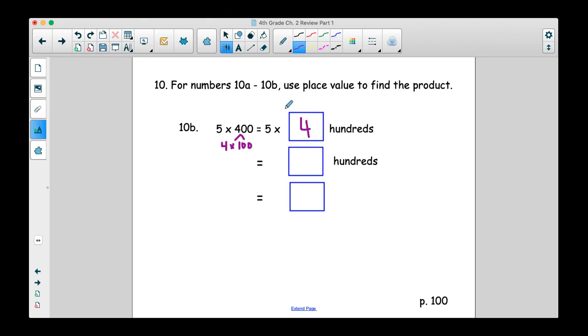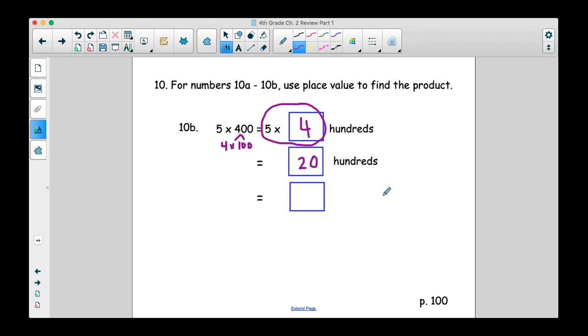And then down here we will write what? Are you thinking about it? Remember how we did it last time? Okay, we would actually do this part now. So 5 times 4 hundreds would give us 20 hundreds.